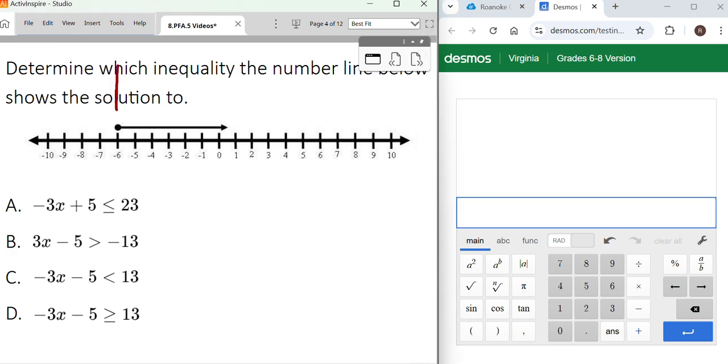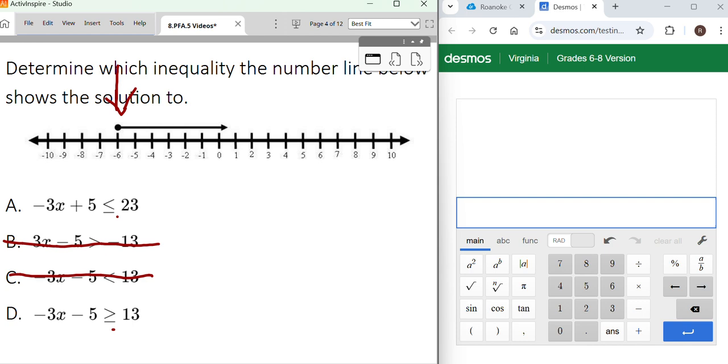First of all, notice this is a closed circle. To have a closed circle, you must have an equal to in your inequality. A has one, but B does not, so B can be eliminated. C also does not have an equal to, but D has an equal to. So A and D are possible solutions, okay?